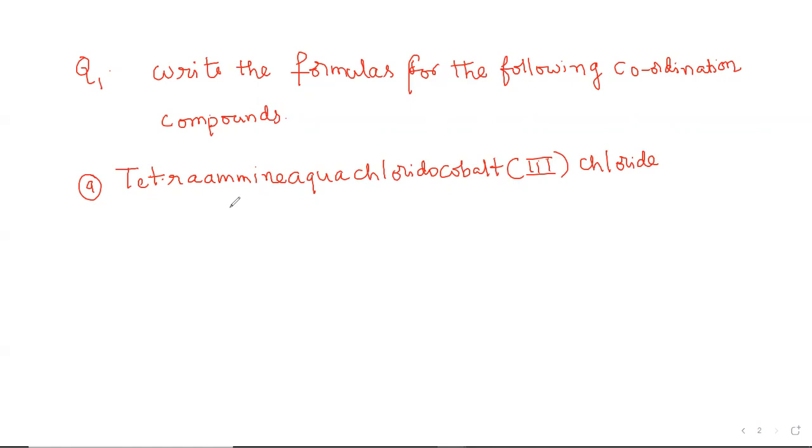We all know, as per the nomenclature, tetraamine. What is amine? Amine is nothing but NH3, the ammonia ligand. And aqua is nothing but water, the H2O ligand. The rest, you know, is cobalt. Whatever is given in the name up to the Roman number should all be present in the coordination sphere.